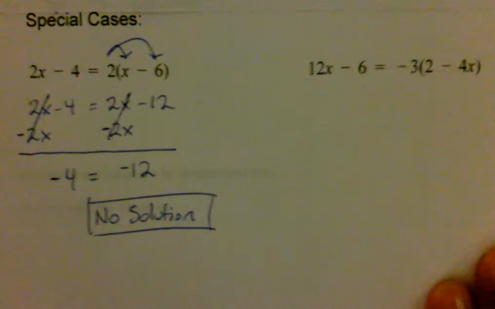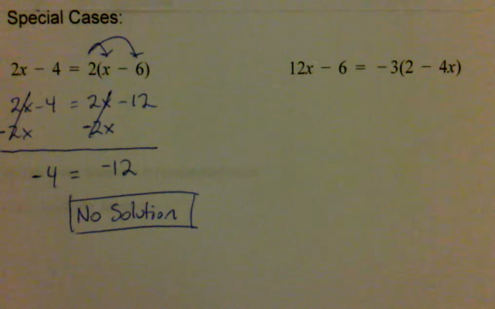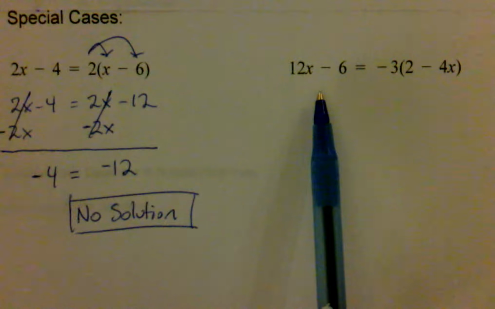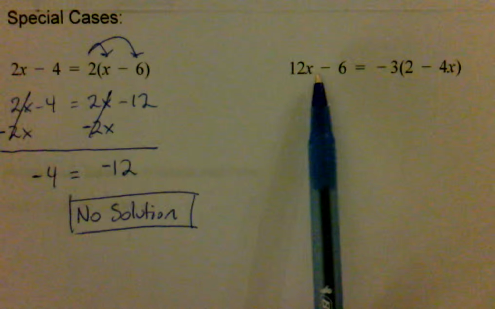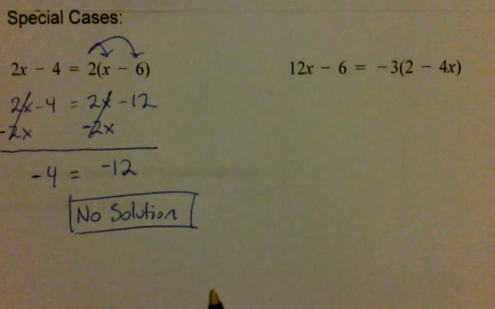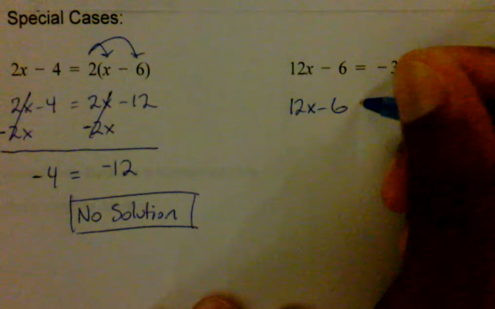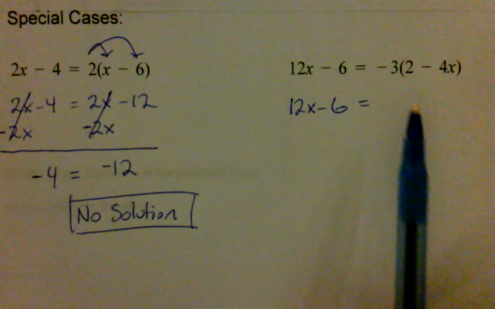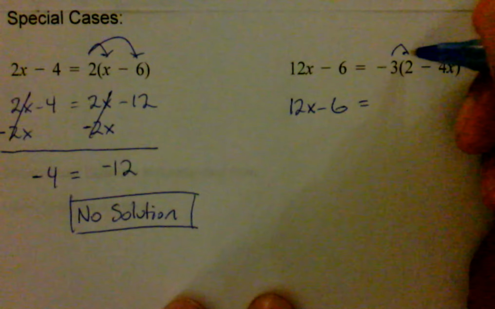So we have no solution. Now let's look at our second example of a special case. Here we have 12x minus 6 on the left. I have one term and two terms; they're not like terms, so I can't combine them and I just leave it alone. I'm going to rewrite 12x minus 6. Then on the right side, I can simplify by distributing my negative 3 to both terms.